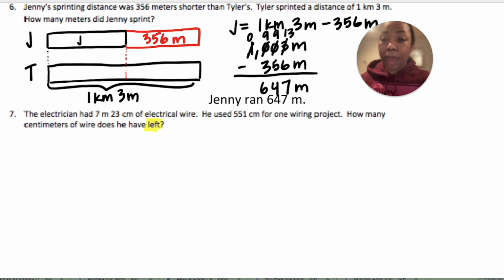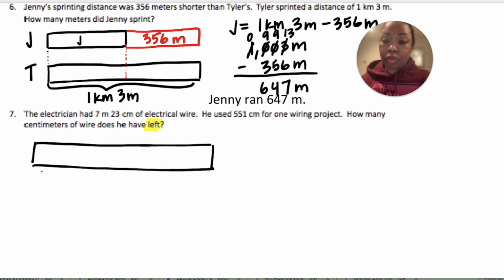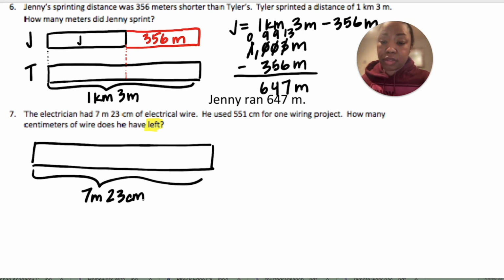So I know off the bat. Another way that I know I'm subtracting is they tell us the total, right? They tell us that the electrician had 7 meters, 23 centimeters of wire. We know the total. If you know the total, you subtract.